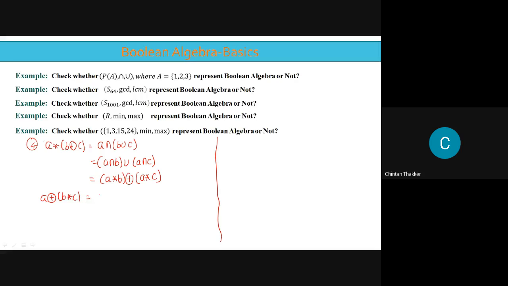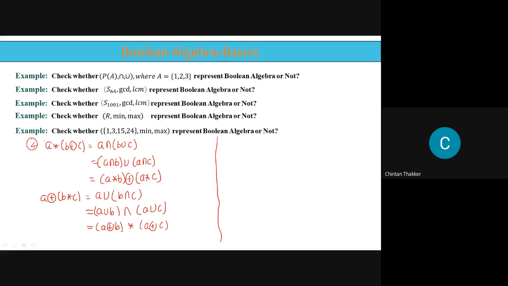Then it will be A union (B intersection C). It is equal to (A union B) intersection (A union C). So that is equal to (A ring sum B) star (A ring sum C). So distributive property is satisfied.